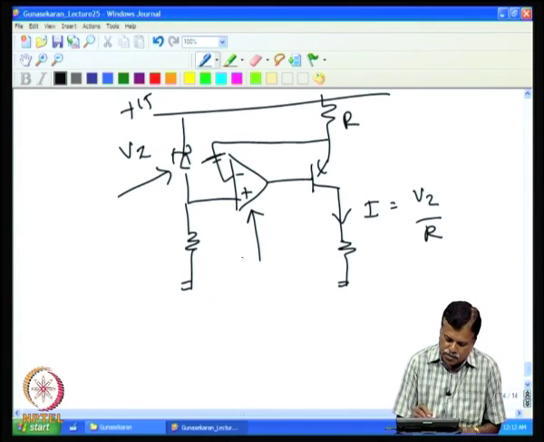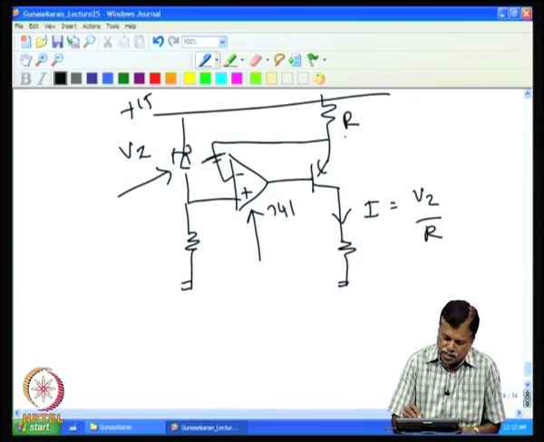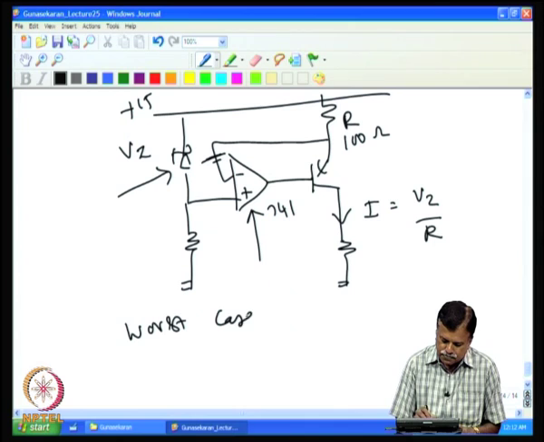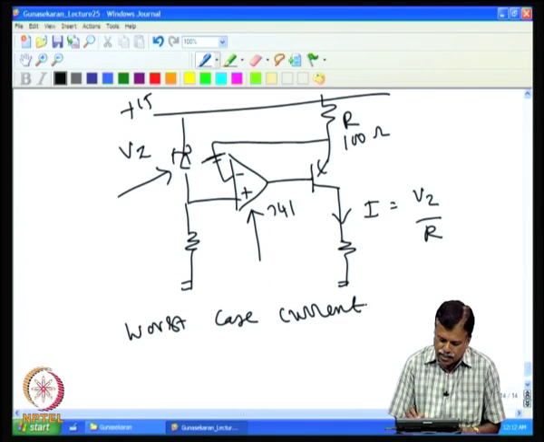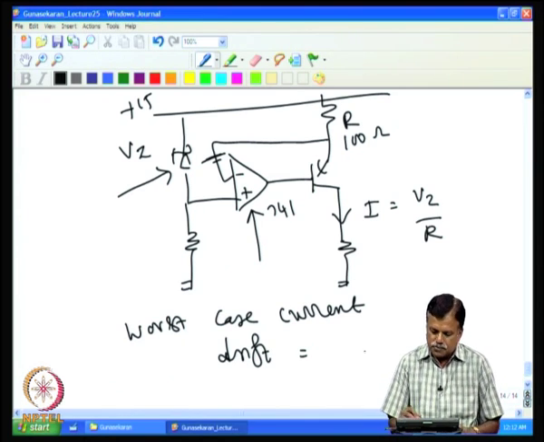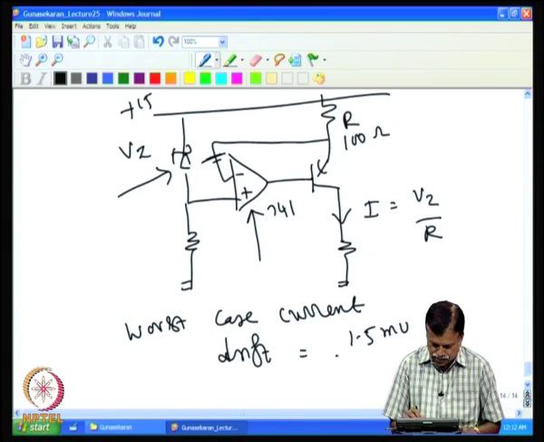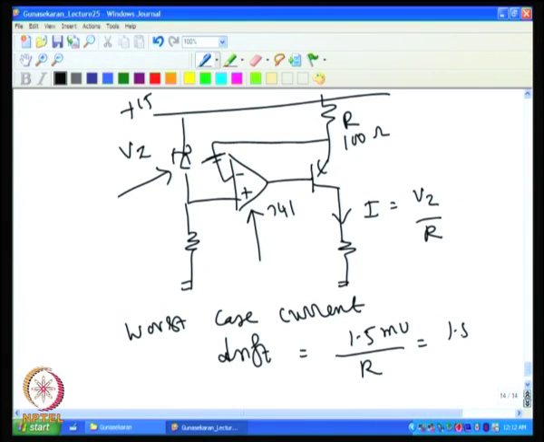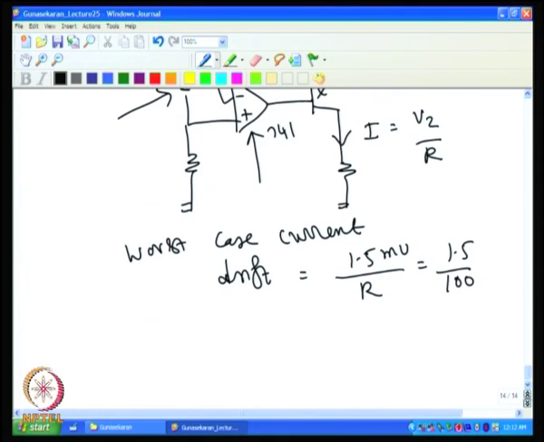For example, if it is a 741 and R is 100 ohm, then the worst case current drift would be 1.5 millivolt divided by R. If it is 100 ohms, that comes to 15 microampere current drift expected because of the offset voltage drift.